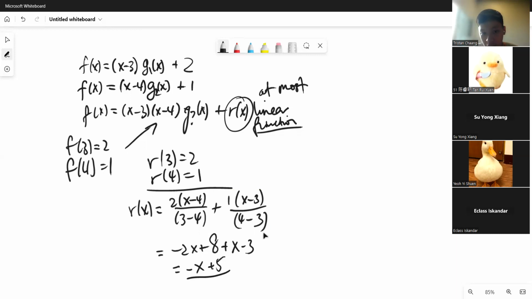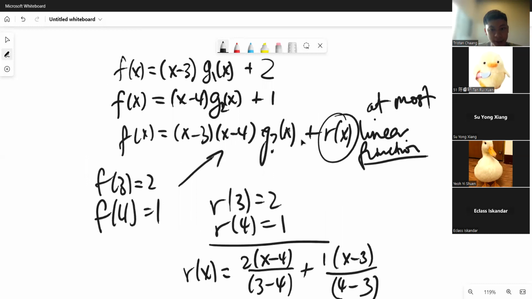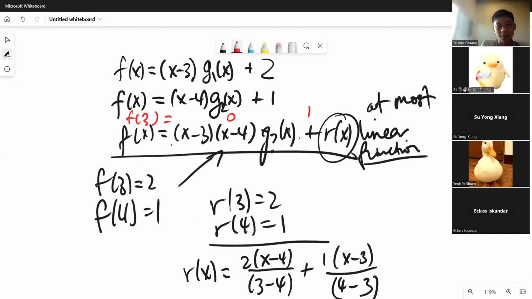How do you know R(3) is 2, R(4) is 1? Okay, good question. So f(x) equals this. So if we plug in x equals 3, this becomes f(3) equals 0 because there's an x minus 3 here, plus R(3). So f(3) and R(3) agree at 3.